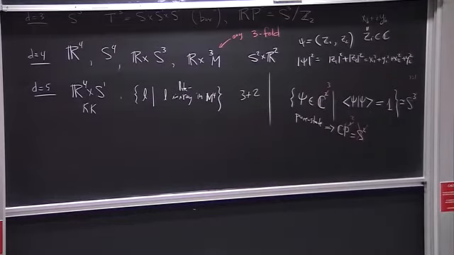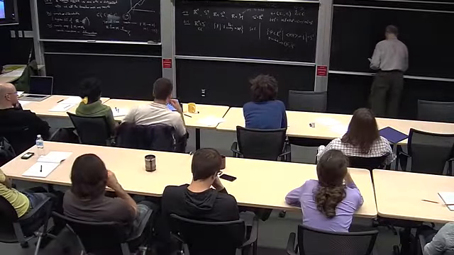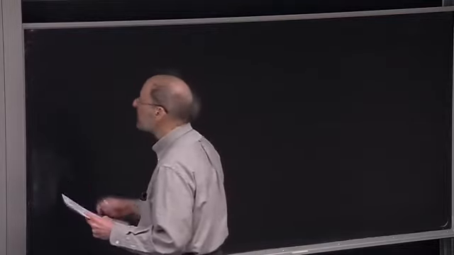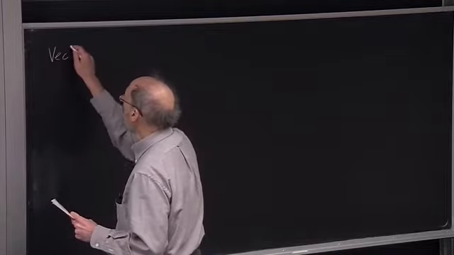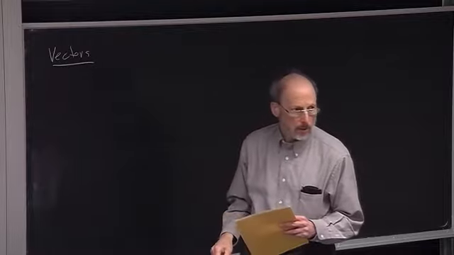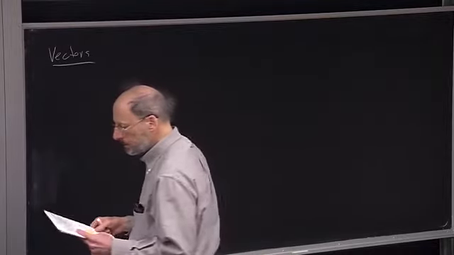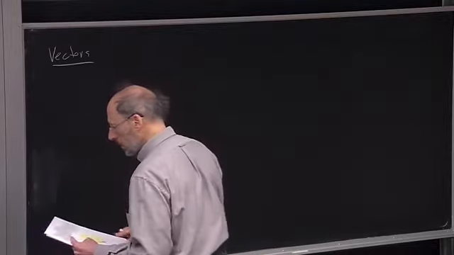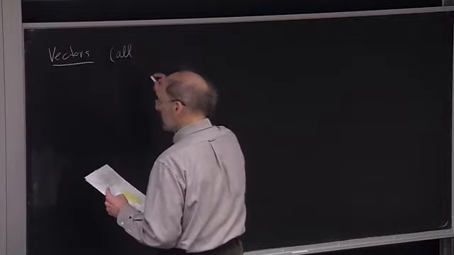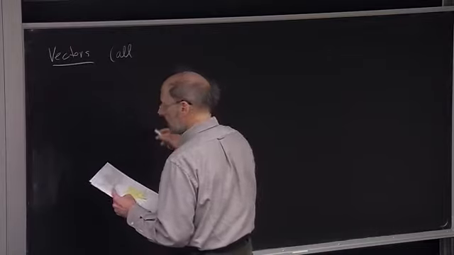Okay, so now we have defined what we mean by a smooth curve and so on, now we can do justice to vectors. So the next thing, I want to define vectors, or more technically what are called tangent vectors. As I said before, this is a fundamental concept for differential geometry and for relativity.